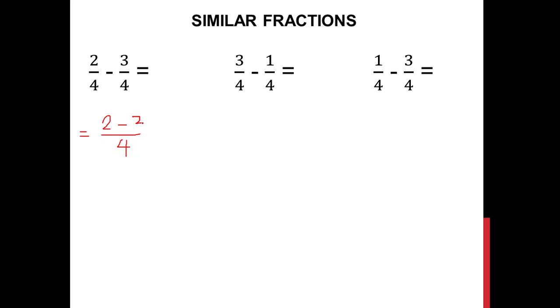That's 2 minus 3. So from here, 2 is smaller than 3, so we need to follow the rules of integers. Since 2 does not have any sign on its left side, 2 is a positive number. This is from our video on operations on integers.